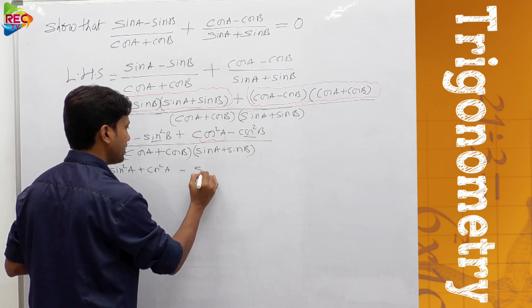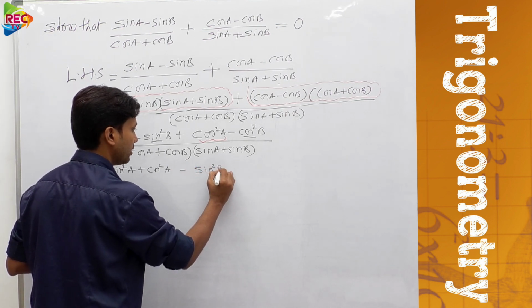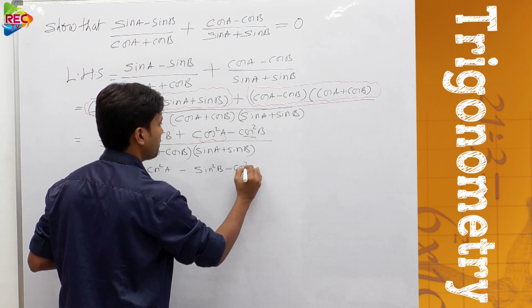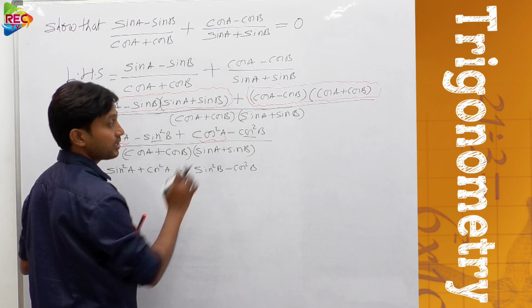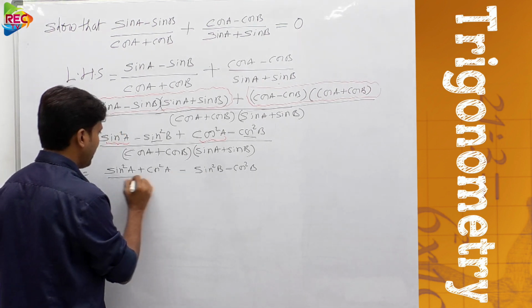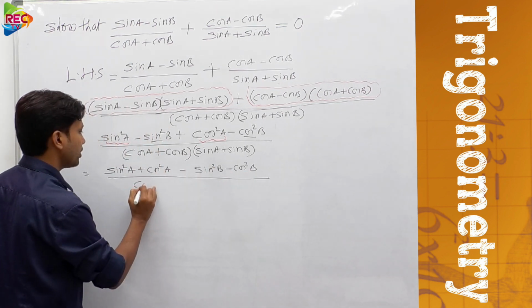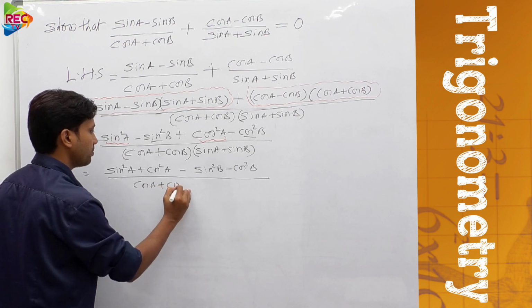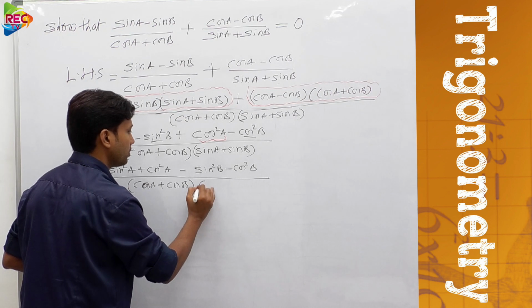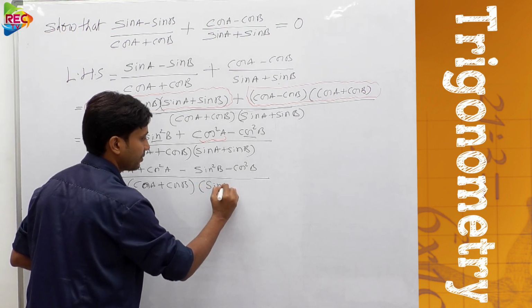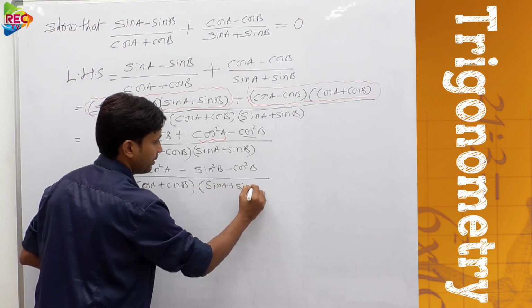This is minus sin square B minus cos square B. Got it? This and this have minus symbols. Again upon what? Cos A plus cos B into sin A plus sin B.